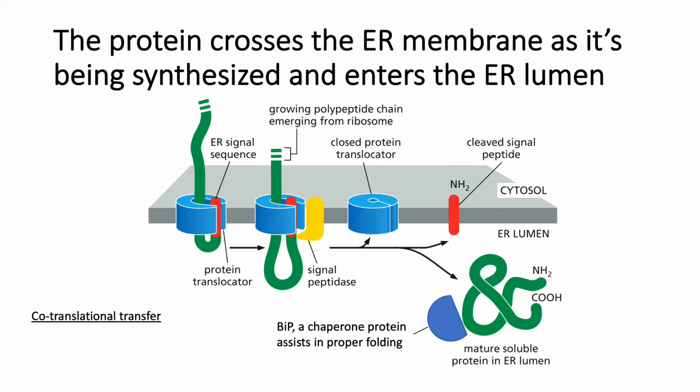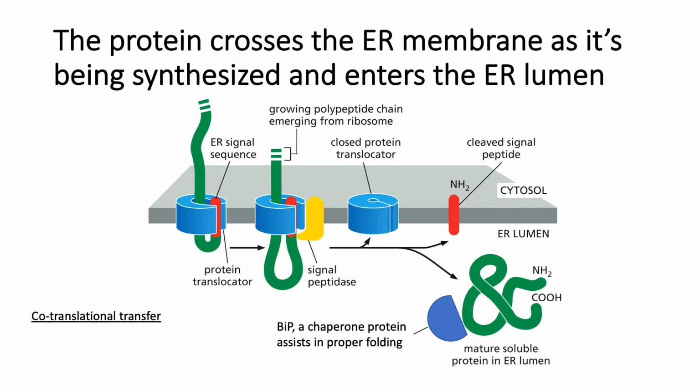Now this is showing really what happens as the protein enters the endoplasmic reticulum lumen. It's showing it without the ribosomes. So what you see on the left-hand side is where we left off before, that you have the protein being synthesized. It's being forced through the protein translocator, but the ER signal sequence remains associated with that, but the rest of the protein goes through.